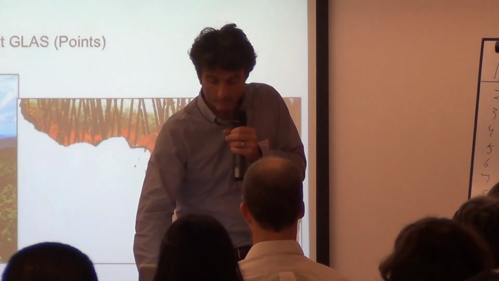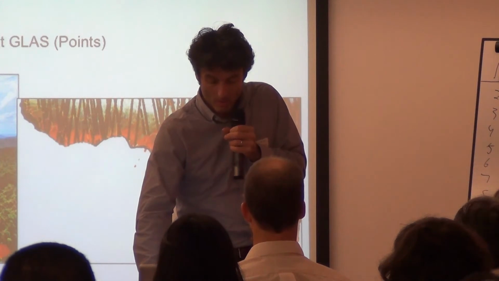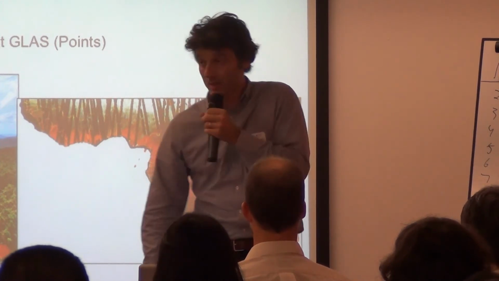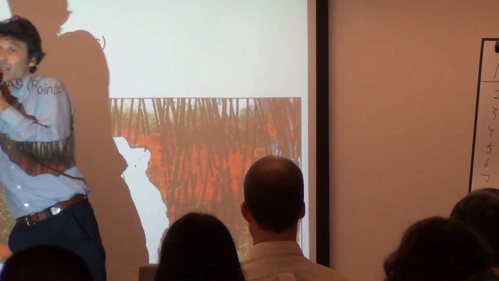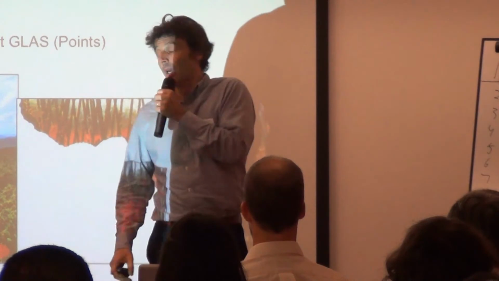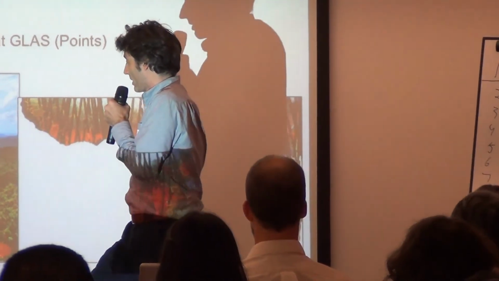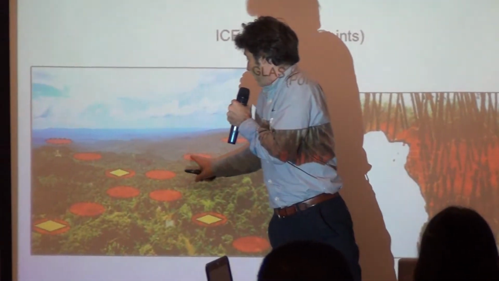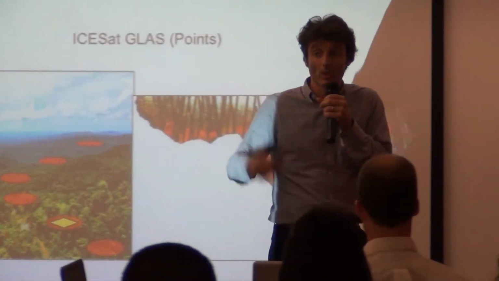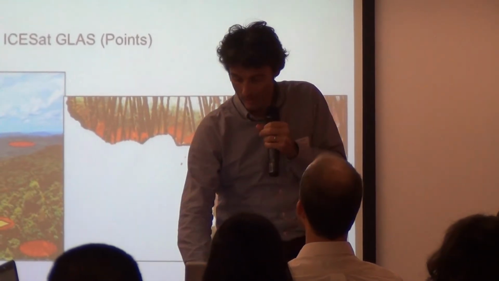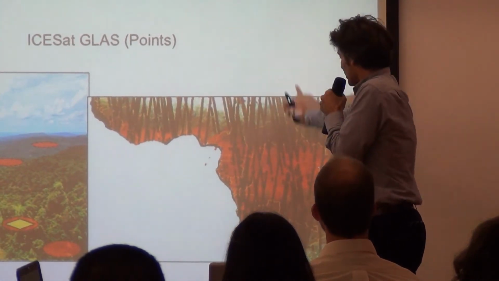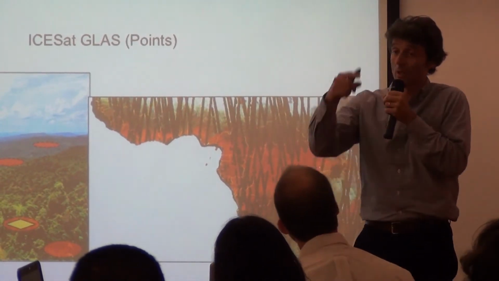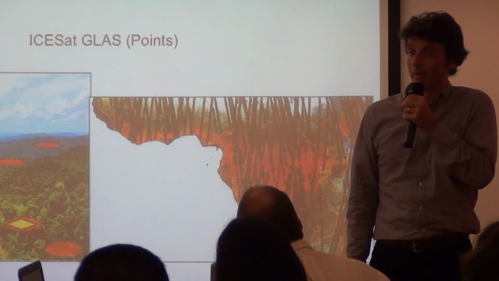And so what we did is that we went across the tropic in some of those locations, right? So we measure the data, we know what the biomass is, and we test the model that then is able to estimate the biomass in all the locations of the GLAS data. So here on the right, the black lines are showing the location of the GLAS data.